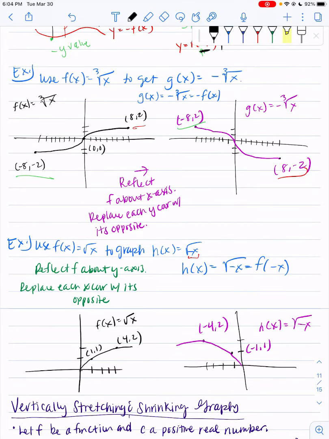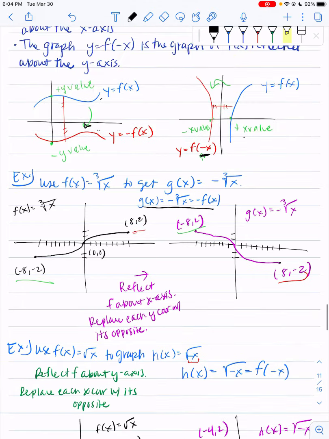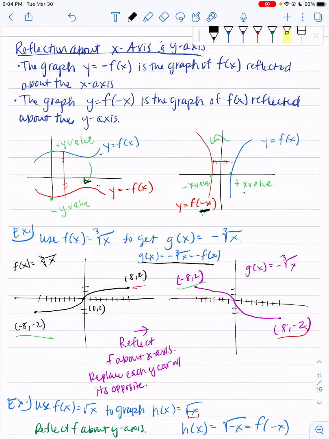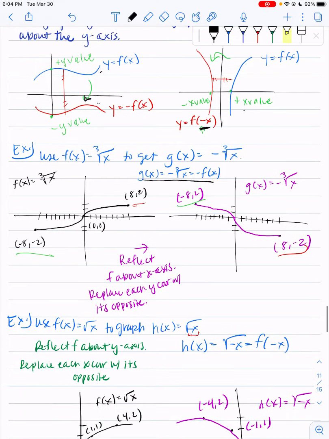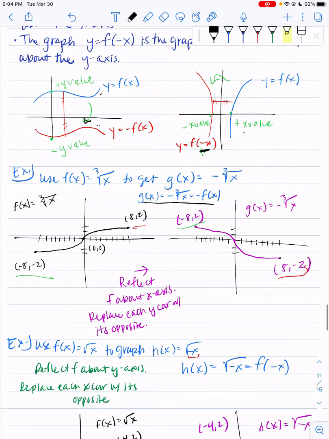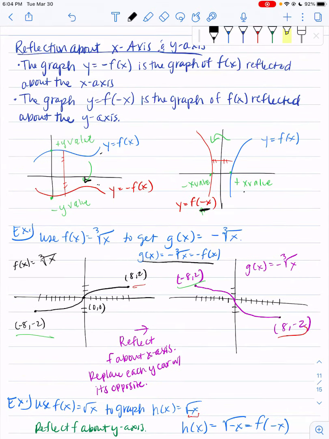Okay, so my g of x, I could write it like this. It's a negative cube root of x. So the negative is on the outside, so I have negative f of x, so that's going to be a reflection about the x-axis. So I'm going to replace each y coordinate with its opposite, or negate it, in order to flip it over the x-axis.